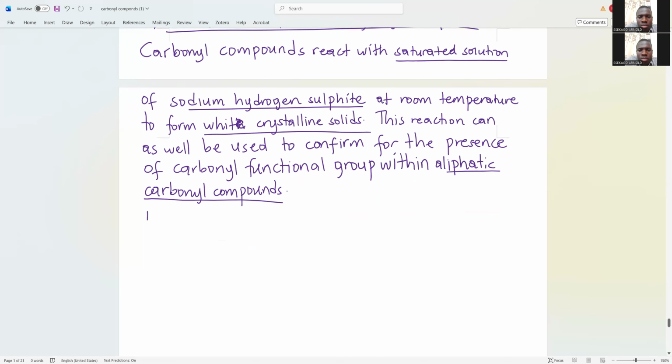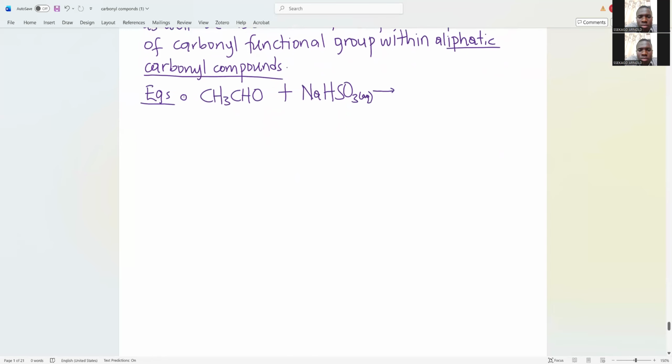I take an example of ethanal with sodium hydrogen sulfide. So the mechanism occurs as follows. Sodium hydrogen sulfide in solution is made up of two ions.